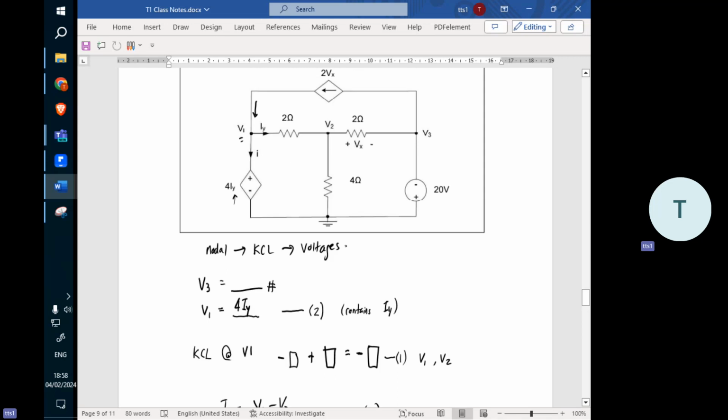Okay, where is it? Let me see this again. KCL at node 1. I think it should refer to a different node here.